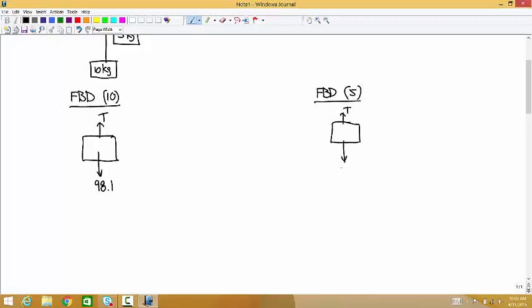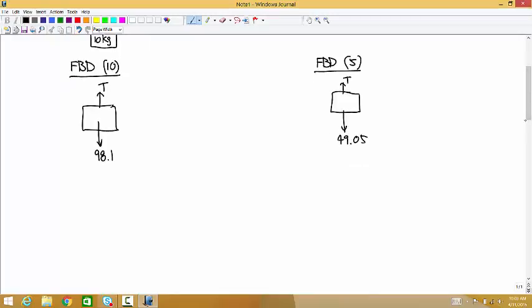And it's the same tension because it's the same cable. Yeah, that's right. And so now we have to think about the acceleration.